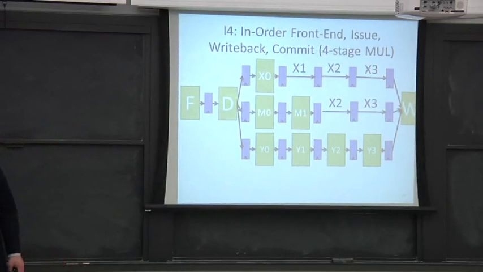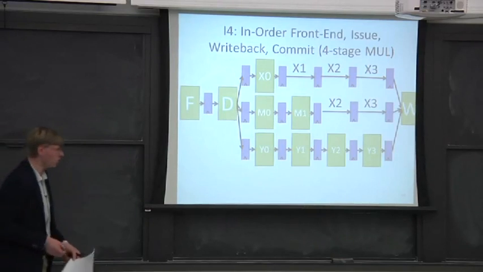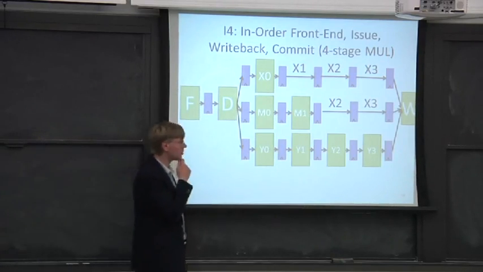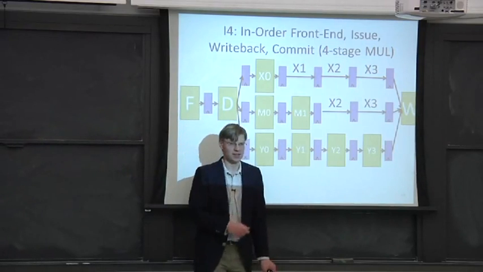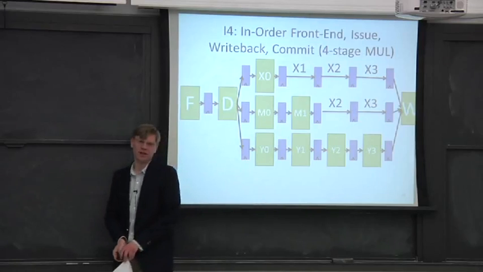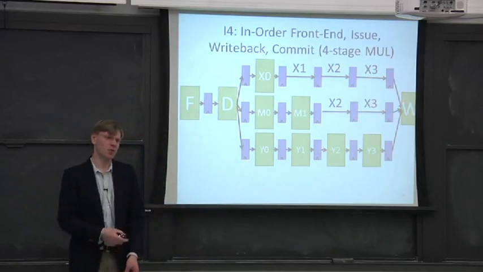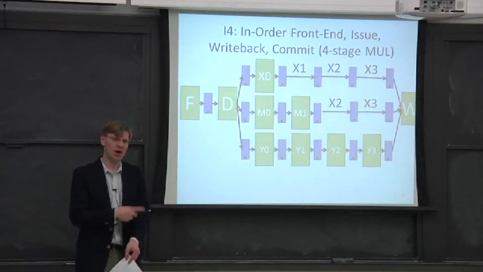OK, so this gets us thinking, and we want to start to think what these things look like on the inside. So the first question is, do we want to bypass this pipeline? And how much bypassing do we need?